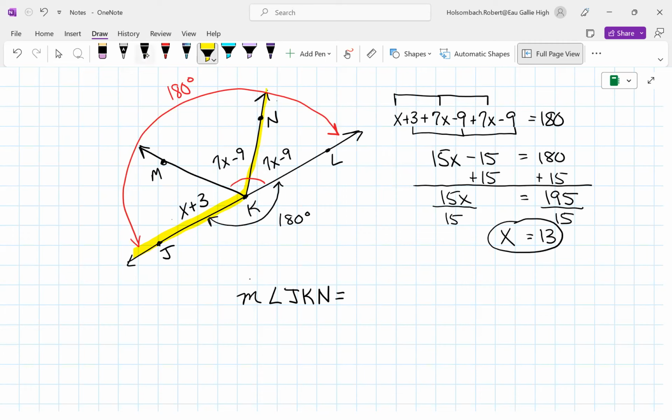So the measure of JKN is going to be this x plus 3 plus the 7x minus 9, right? So our JKN is going to be equal to 13 plus 3 plus 7 times 13 minus 9.